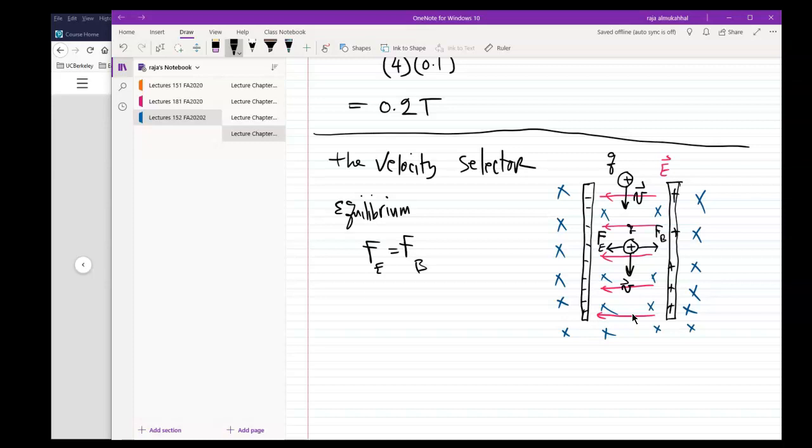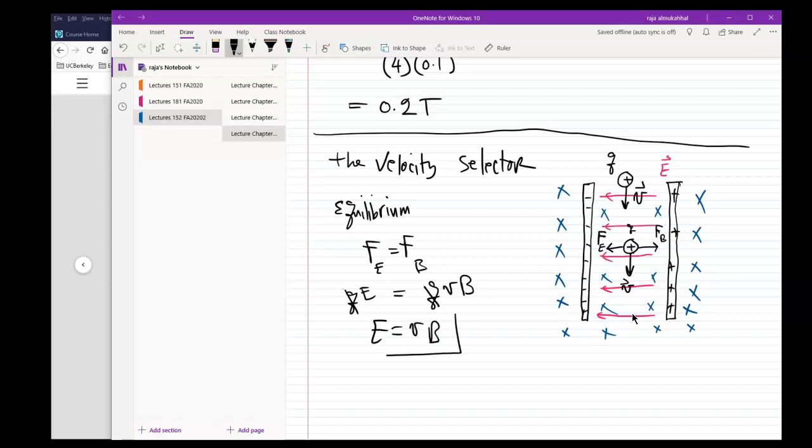Well, F sub E is just Coulomb's law, QE, where Q is of course the charge on the moving particle. And F sub B is basically QVB. Of course, everything is perpendicular here, so sine theta is sine 90, which is equal to 1. Look at that. The charges cancel out, and I end up with E equals VB.